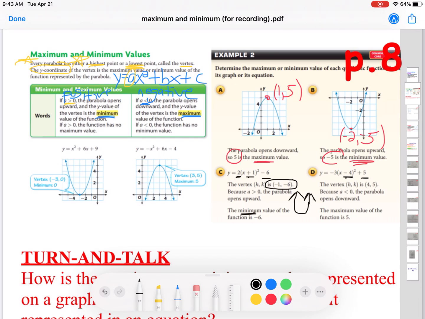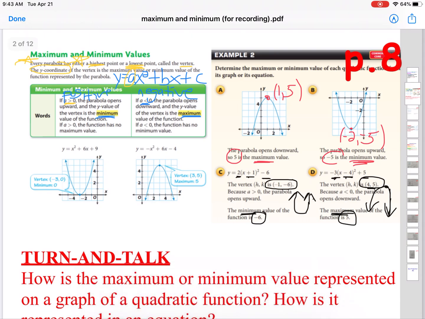And again, the minimum is the y-coordinate of the vertex, which is -6. In example D, we have a vertex of (4, 5). And again, because that a value out front was negative, if we were to graph this, that would mean that our parabola is upside down. So that means that our vertex here would represent a maximum, and the y-coordinate is 5.